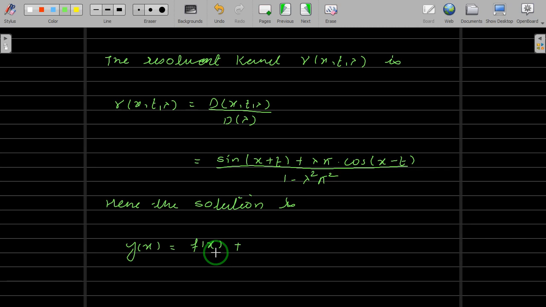So y of x is equal to f of x plus lambda integral from a to b, that is 0 to 2 pi, then you have the kernel gamma of x, t, lambda, and here f of t dt. This is your solution for the given integral equation. In the next step, you can put this gamma of x, t, lambda as this function, and then that is precisely the solution.